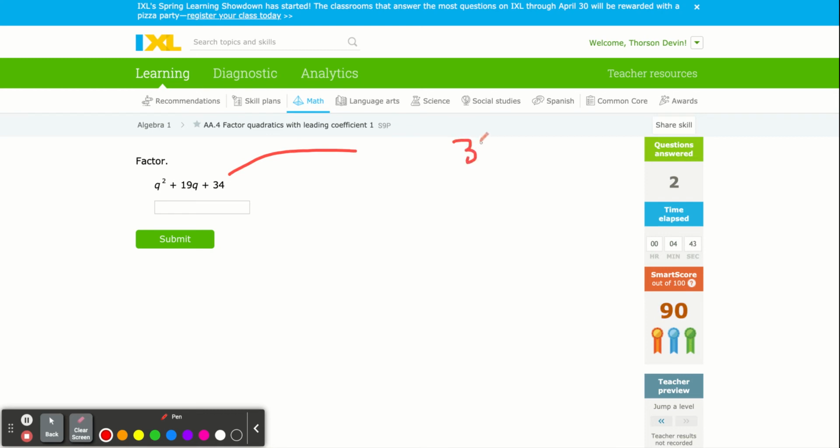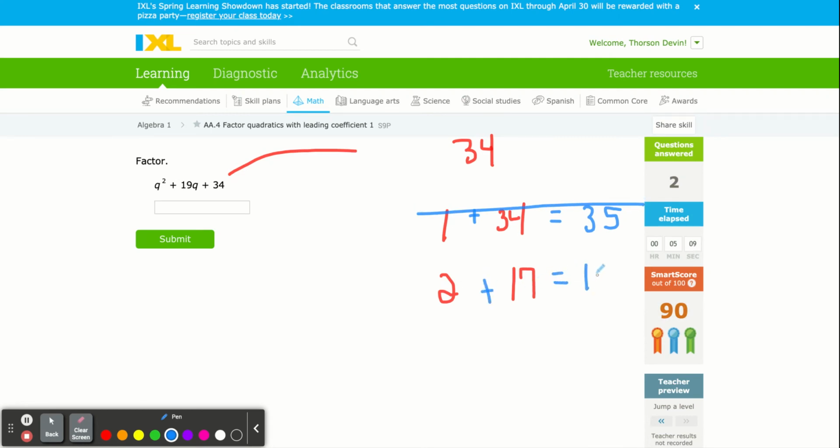I'm going to take 34, and I'm going to write down 1 times 34 is 34. 2 times 17 is 34. There aren't any 3s or 4s. Those are the only two. Now I look for the two that when I add them, I'm going to get, not 35, that didn't work, I want to get 19.